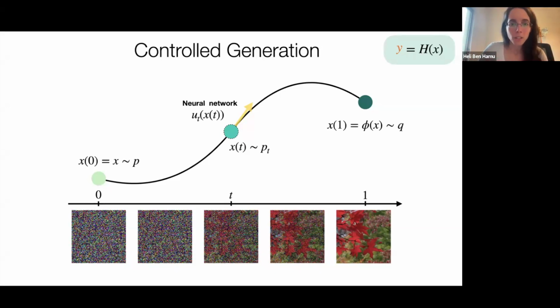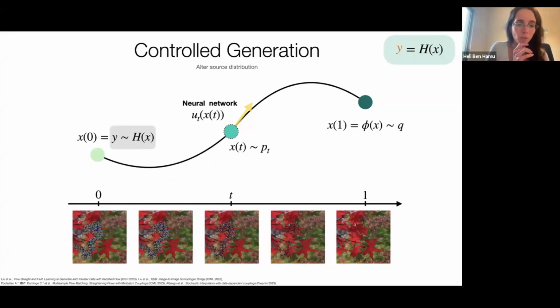Okay, so what has been done already in this space? We're going to talk about 3 approaches, where the last one is going to be the one that we're taking. But let's talk a little bit about what other people have done. So the first way to tackle this is to alter our source distribution.